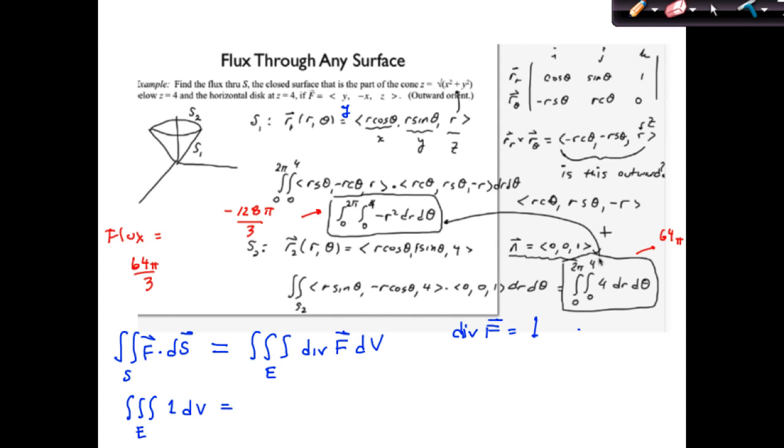What coordinate system should we use here? Yeah, so we're saying polar cylindrical, right? So that'll be r dz dr d theta. That's dV for cylindrical coordinates. So z goes from what to what?